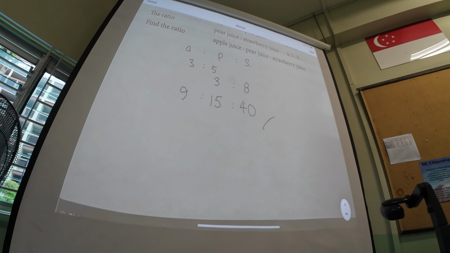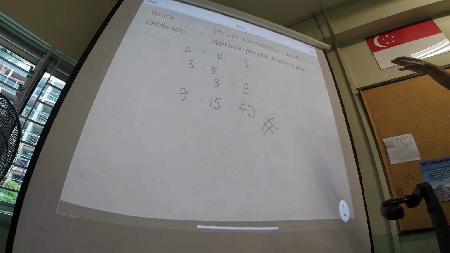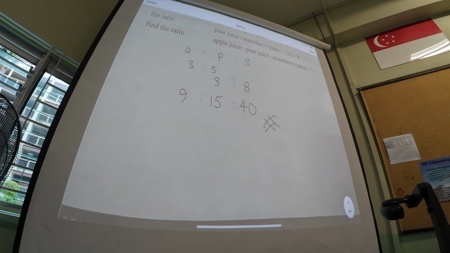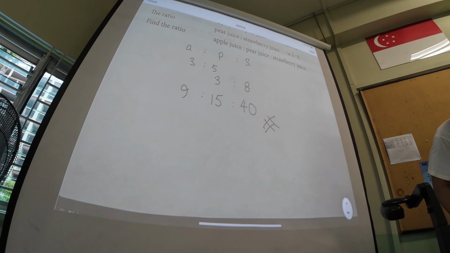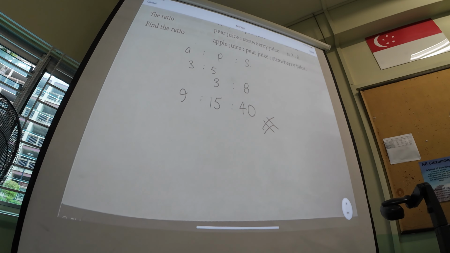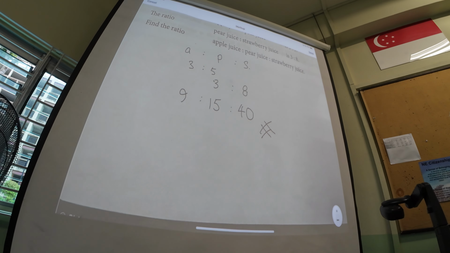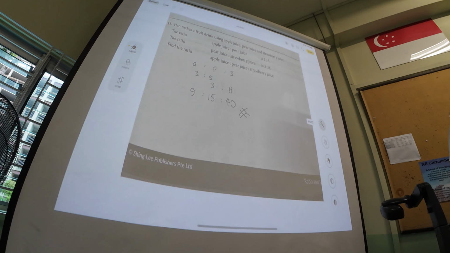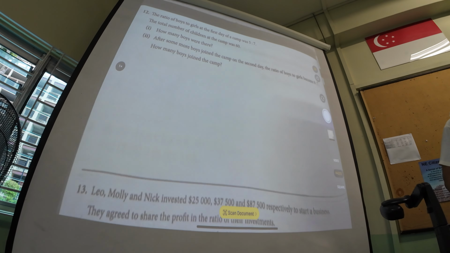This one is the more difficult part of ratio also. Okay, 12, also difficult.